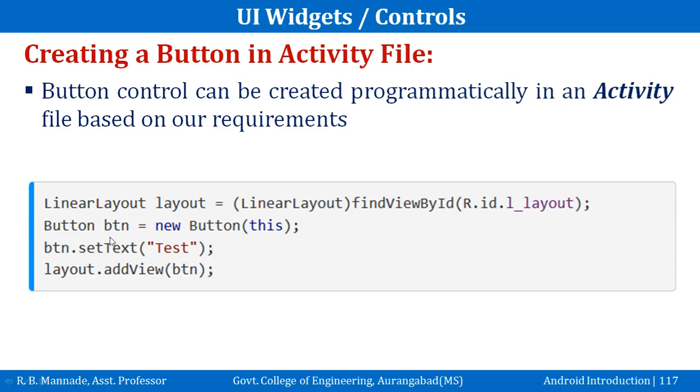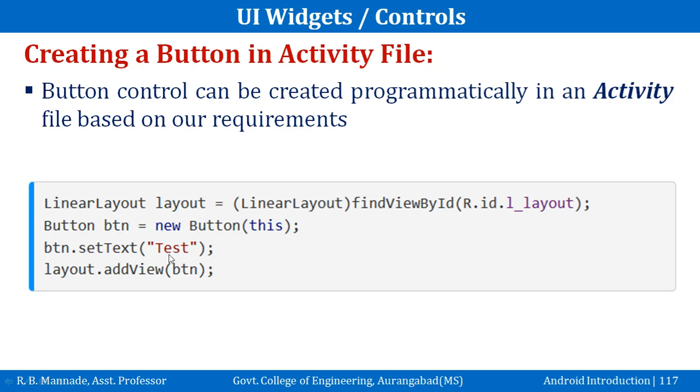And here we are creating one object of the Button class, that is, Button btn = new Button(this), and here we are calling the setText function, which will set this text.